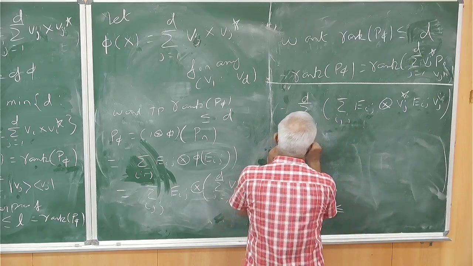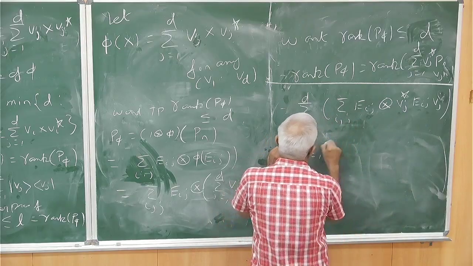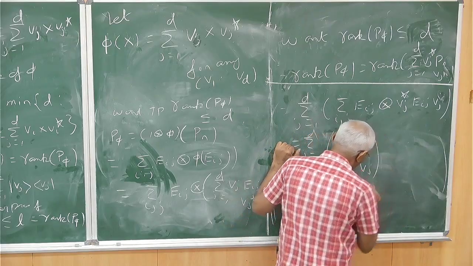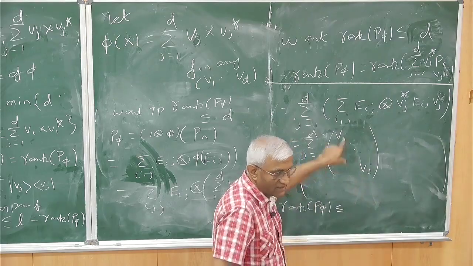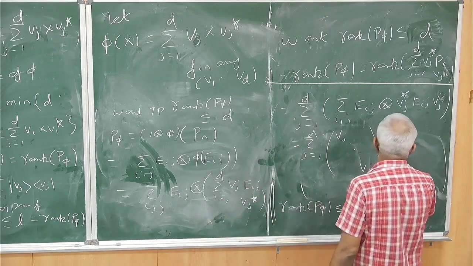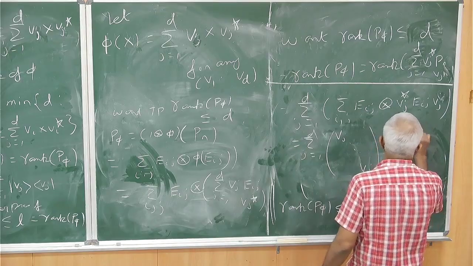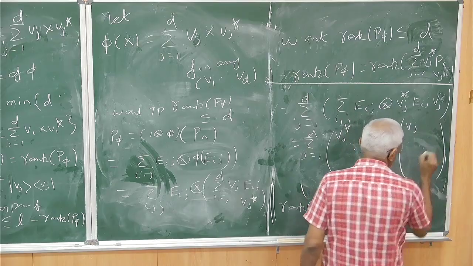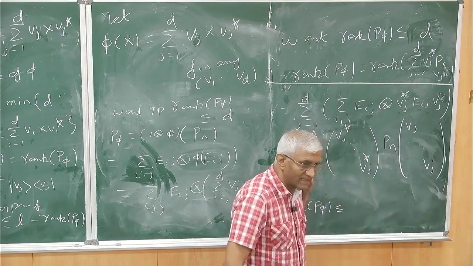Sorry, this is equal to the sum of j equal to 1 to d. This is just Vj, only Vj. It's just a diagonal matrix, like an identity matrix, all diagonal having the same entry, times Pn times Vj star. I'm sorry, this is the right one. If you just multiply, you get that.